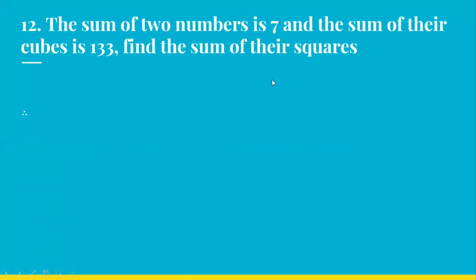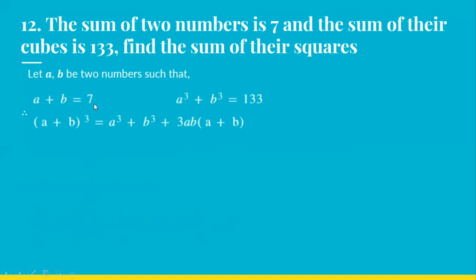The sum of two numbers is 7 and the sum of their cubes is 133. Find the sum of their squares. So let us take the two numbers as a and b, such that their sum is 7. So we have a plus b is equal to 7 and the sum of their cubes, that is a cube plus b cube, is 133.